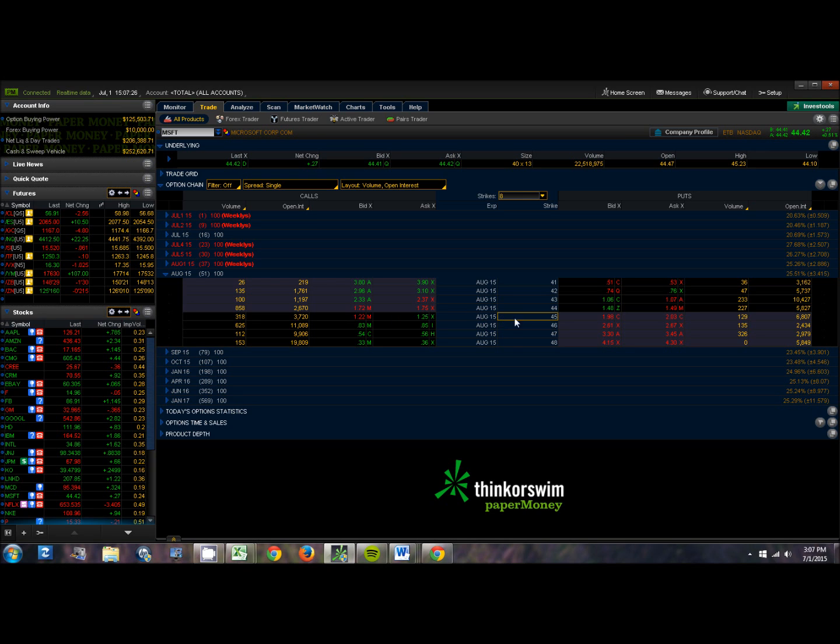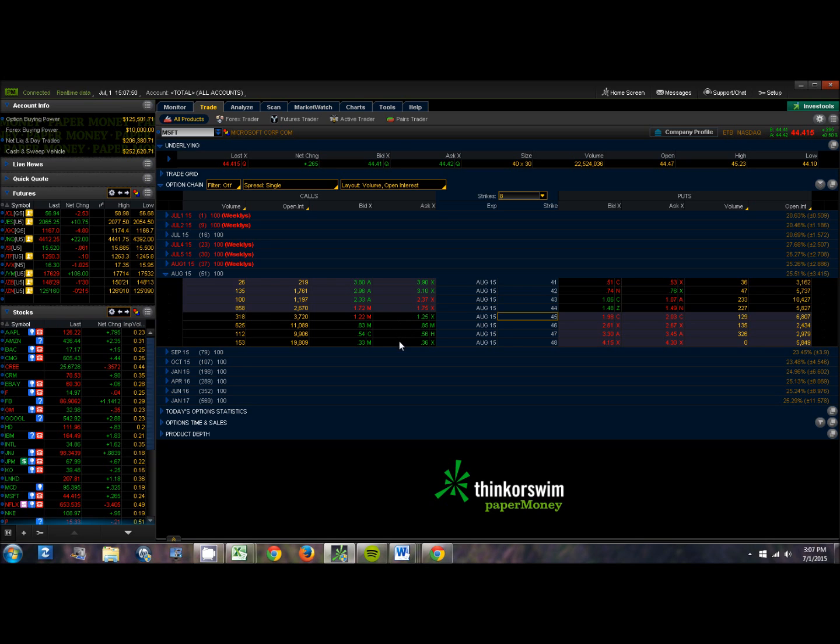But okay, let's look at this 45 call. The bid is 1.22, the ask is 1.25, so the mid price is like 1.23 or 1.24. Let's just call it 1.23. So this option is selling for 1.23. It is out of the money, so that 1.23 is entirely time value. And what do you notice?